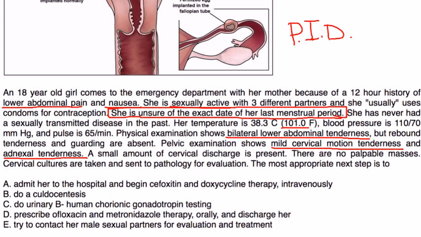Now, she may very well have pelvic inflammatory disease, but that one sentence makes you think of ectopic pregnancy. So, when an ectopic pregnancy is suspected, the very first thing you need to do is a urine beta-HCG. And that would be choice C.